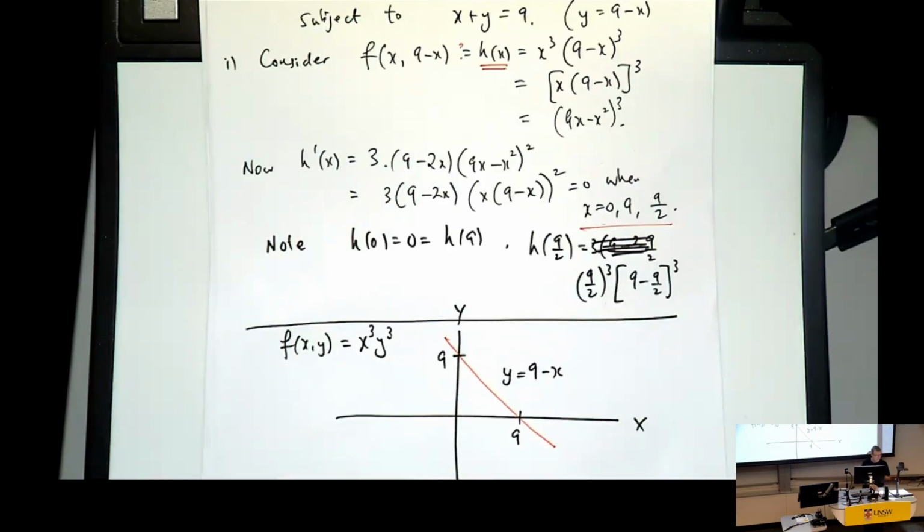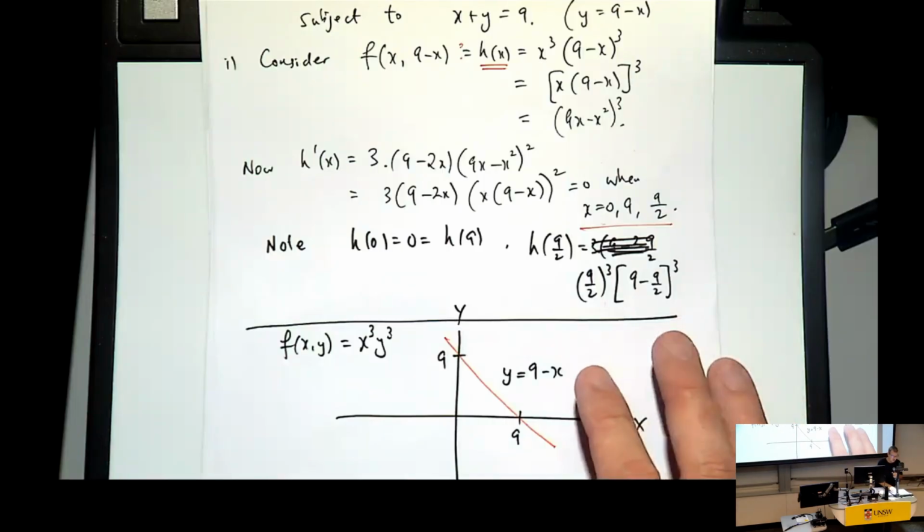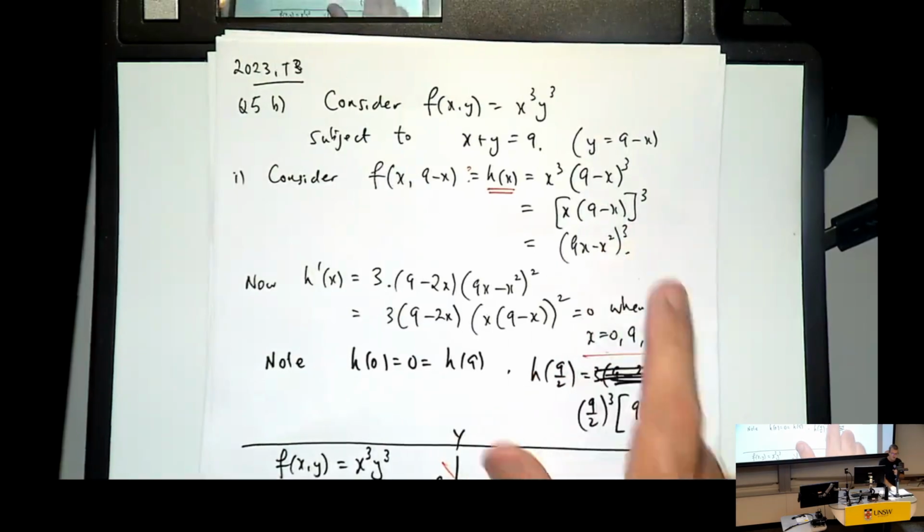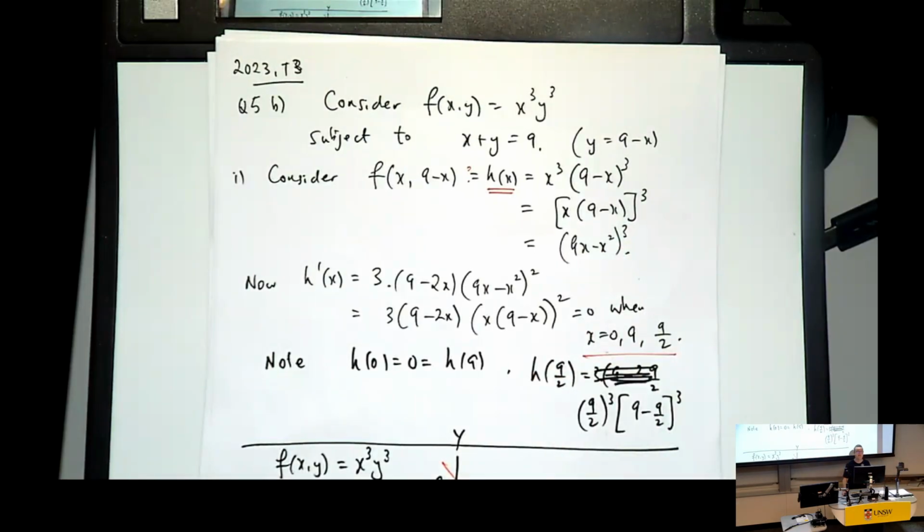So what happens if you try to do the second derivative test here? Well, it fails. People go, oh, I'll use the second derivative test. It fails. It tells you nothing. So let me see if I can come up with a picture.